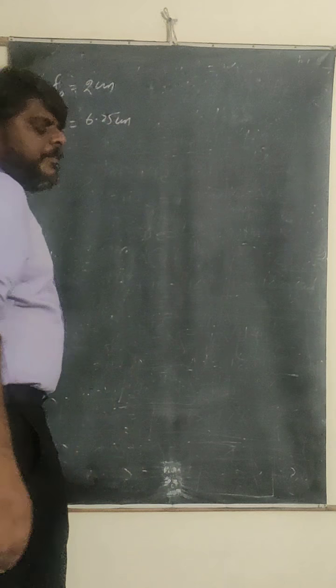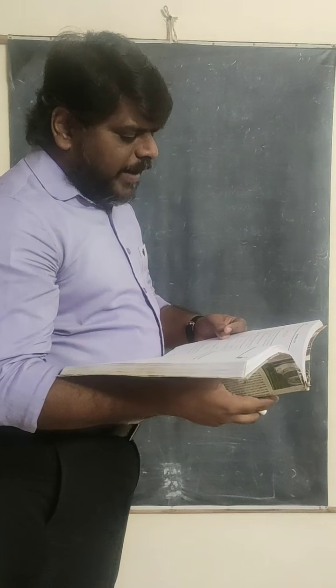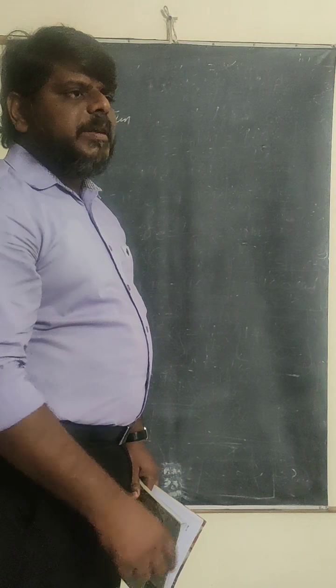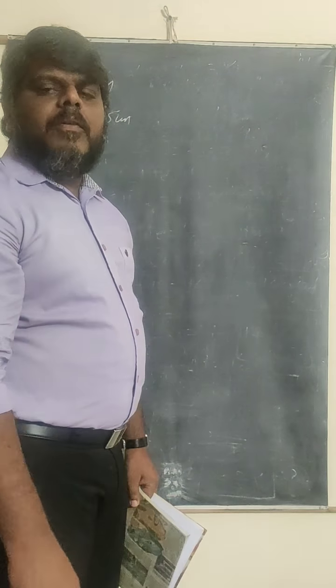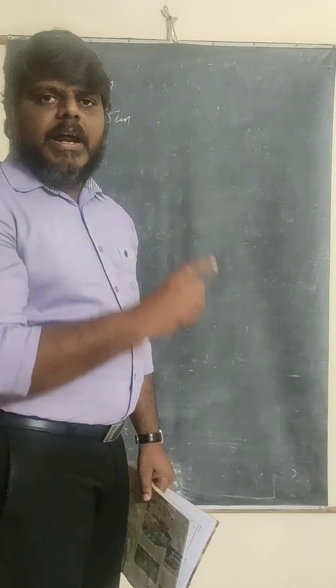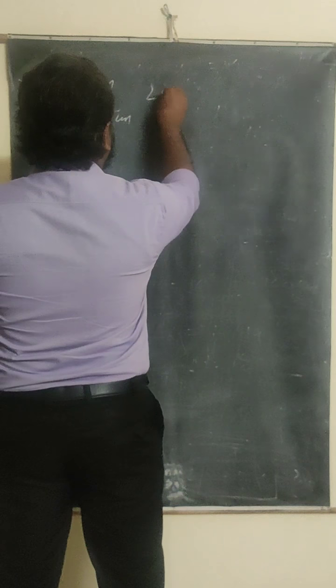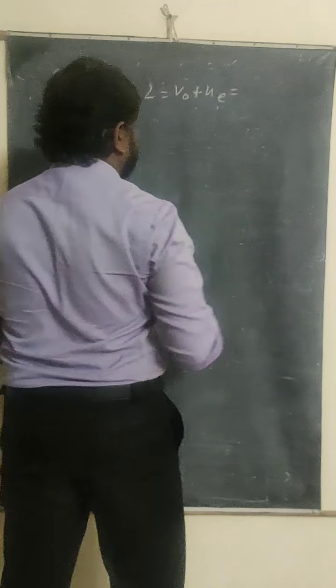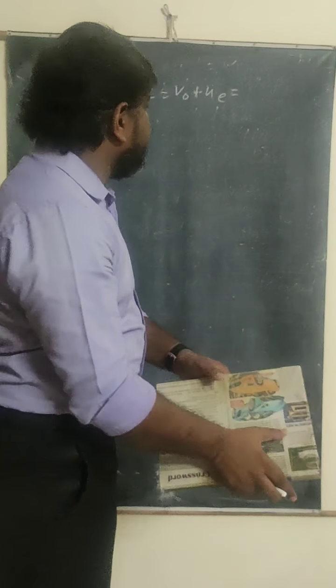The problem says the final image is produced at the least distance of distinct vision. Least distance of distinct vision means L is equal to V naught plus UE. That means L is equal to V naught plus UE. This length is given as 15 centimeters.